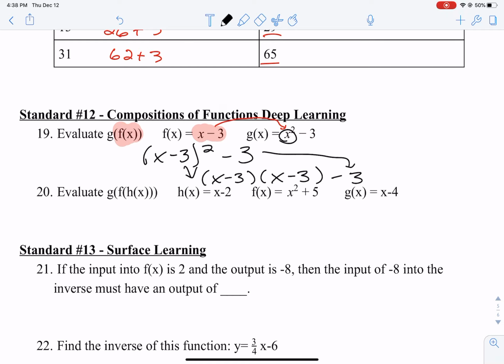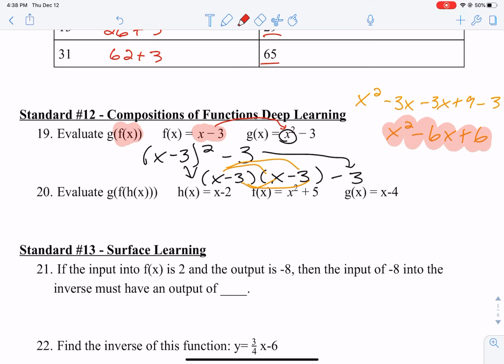So when I FOIL this, I have to multiply these four things together. So x times x is x squared. x times negative 3 is negative 3x. Negative 3 times x would be negative 3x. And negative 3 times negative 3 is positive 9. And then I need to subtract 3. So I get x squared minus 6x plus 6.